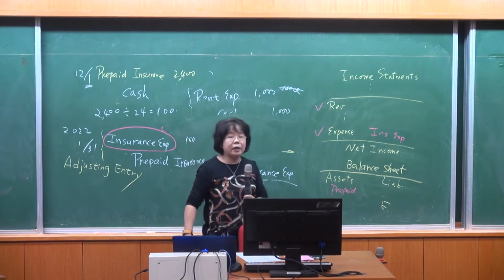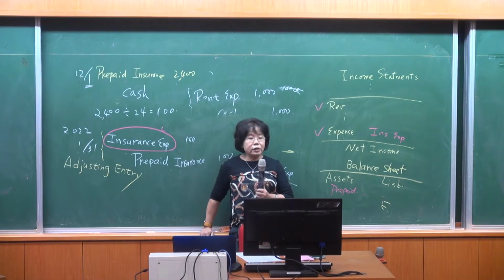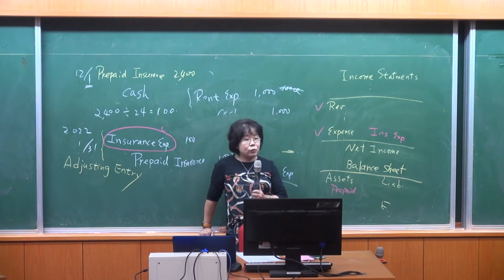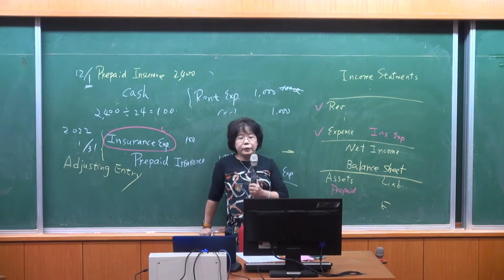There are 4 major categories that you need to do adjusting entries for. Very important: adjusting account 是调整科目, adjusting entry 是调整分录, they are different.